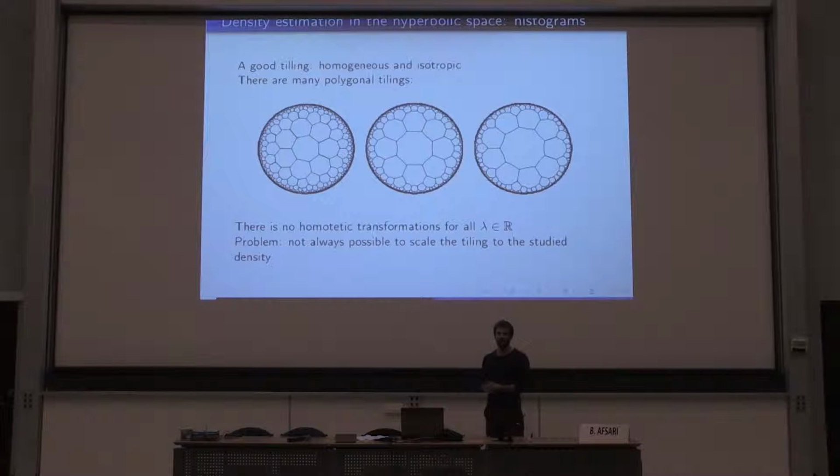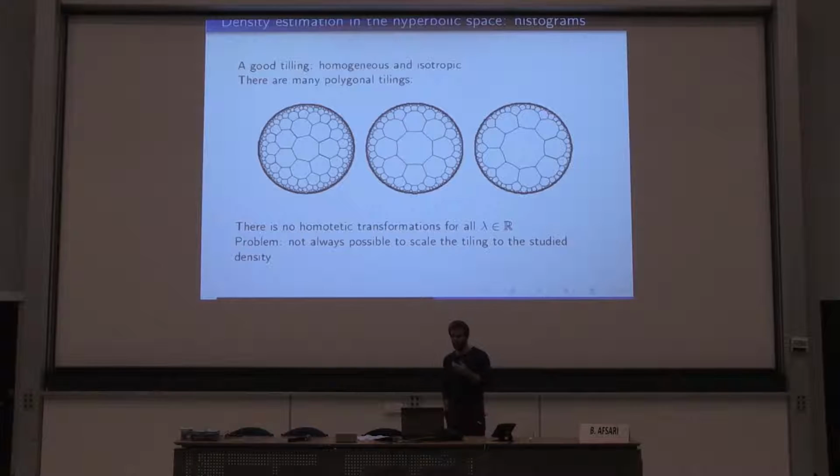Now how do we apply these standard density estimation techniques, histograms, kernels, or orthogonal series, in the Poincaré disk or the hyperbolic space? First, histograms. To make good histograms, we need a good tiling of the space, and in a good tiling, bins should be as similar as possible to each other. There are various regular tilings of the hyperbolic space; here are three different examples.